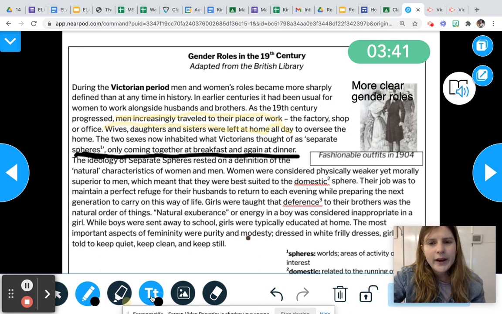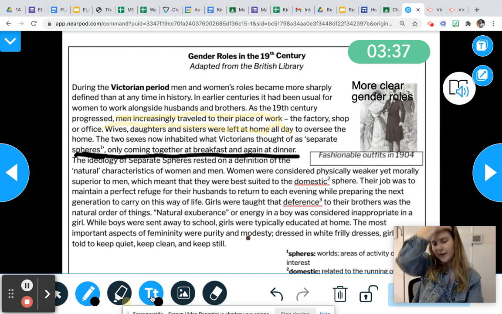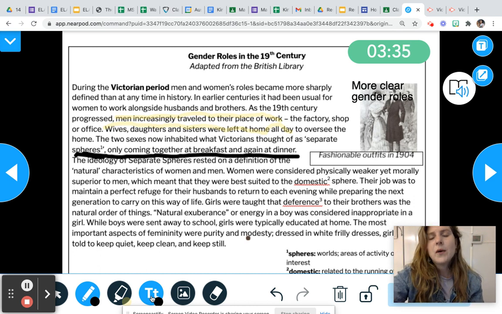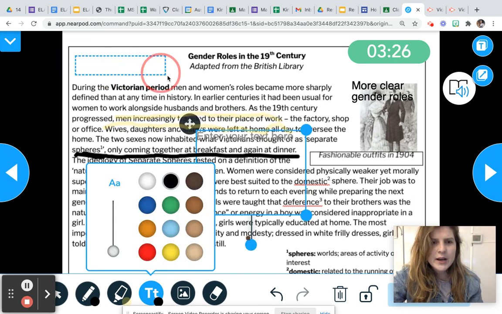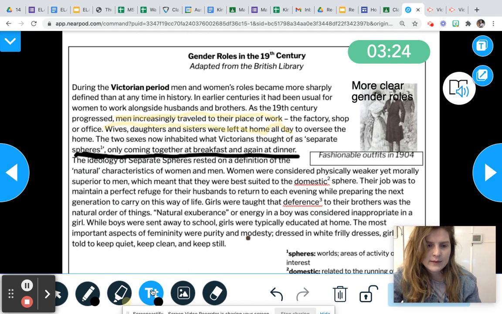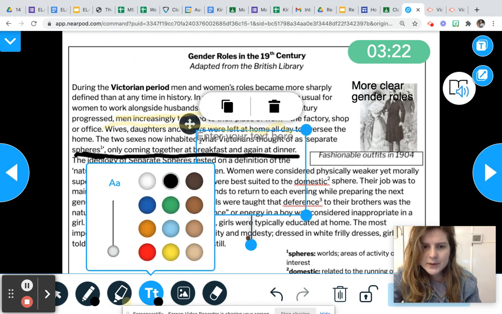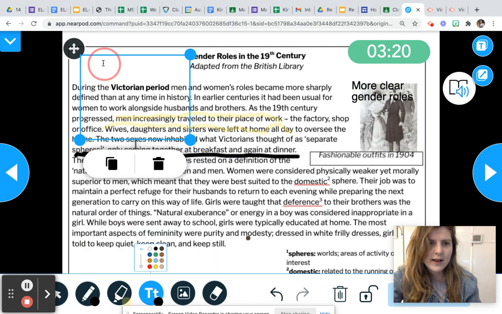All right. So what did I get out of this text? I've taken a couple notes and highlighted information. Now I want to ask myself, what is this text mostly about? So I'm going to take a note here. Come on, text box, you can do it. Okay, perfect.